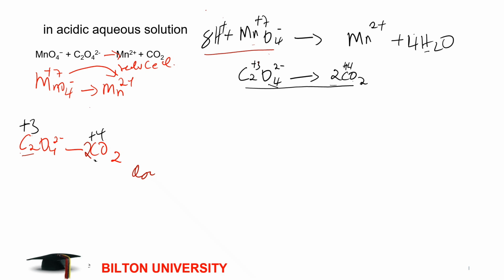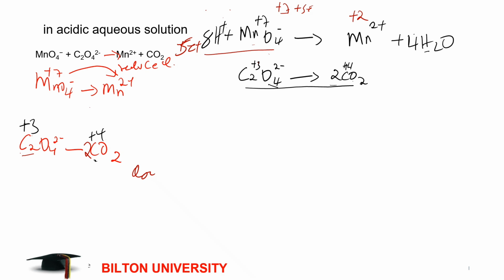So on this side we have plus 2, and on this side we have plus 7. So we are going to need 5 electrons. When we add them to the left, we remain with positive 2 on the right hand side, so on this side we add 5 electrons.